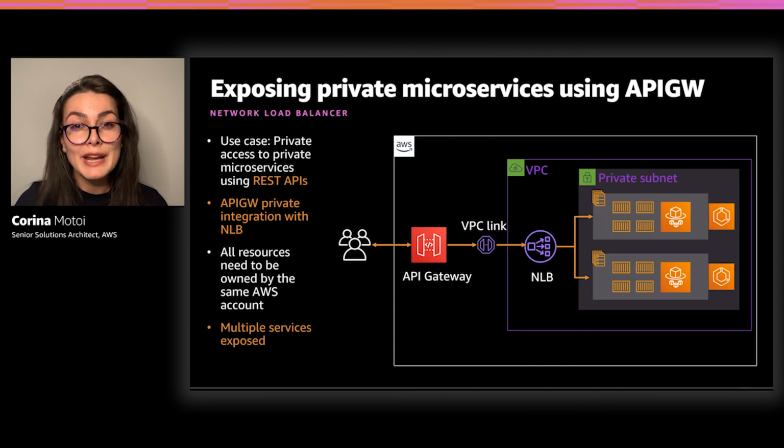So when you're creating that private integration in the API Gateway, you then define each service using the specific port that is assigned to each service behind the network load balancer. So this is one quite good way to have a microservices application with an API Gateway as a front end.